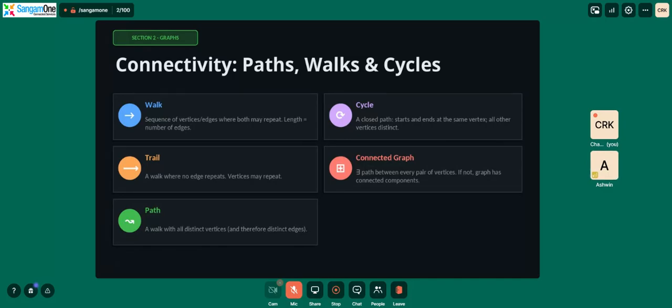A cycle is a closed path that starts and ends at the same vertex, with all other vertices distinct. A connected graph has a path between every pair of vertices. If not, the graph has connected components. A path is a walk with all distinct vertices and therefore distinct edges also.